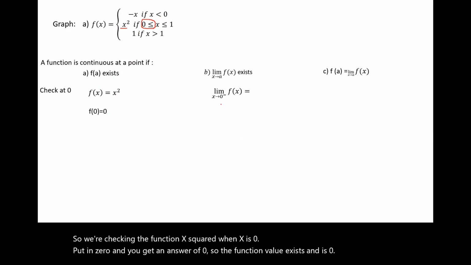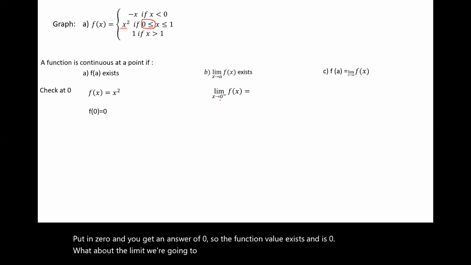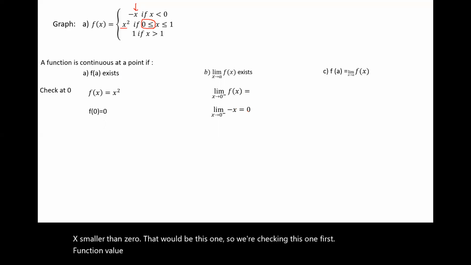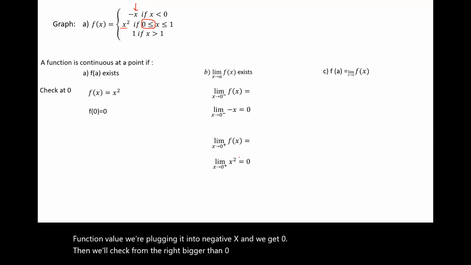What about the limit? We're going to check from both sides. X smaller than 0, that would be this one. So we're checking this one first. The function value, we're plugging it into negative x, and we get 0. Then we'll check from the right, bigger than 0, that's our x squared again. Plug in 0, and you get 0.